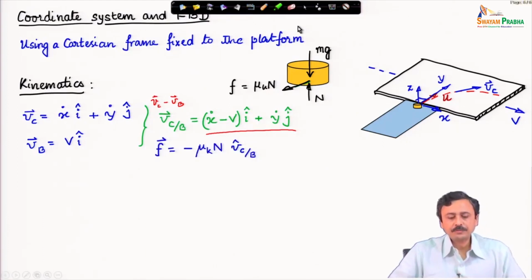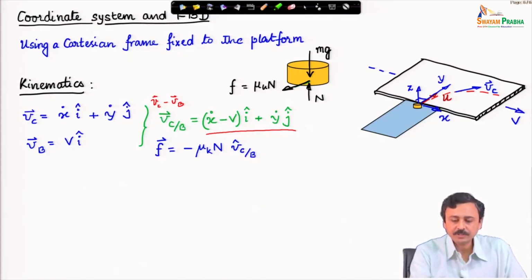Now, the force of friction, whose magnitude is mu k times N, acts opposite to the direction of the relative sliding vector. Direction of relative sliding vector means the unit vector of the relative velocity, and how will you find that out?